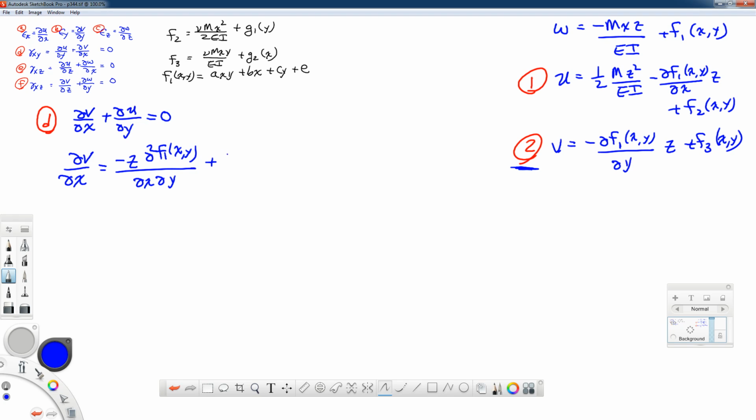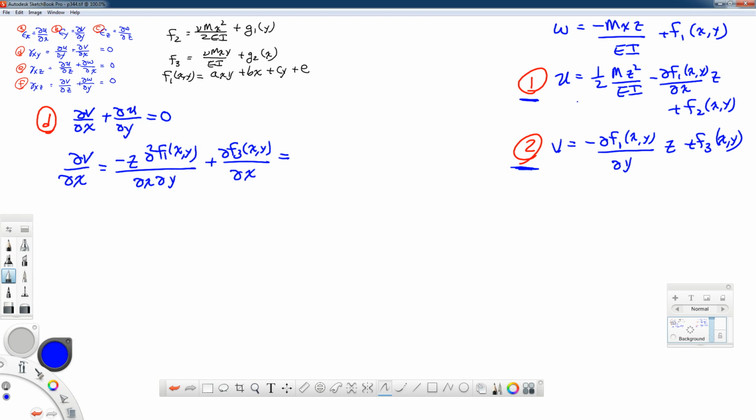We're going to have the partial derivative of f3, function of x and y, with respect to x. And then that is going to be equal to the negative of the partial derivative of u with respect to y.